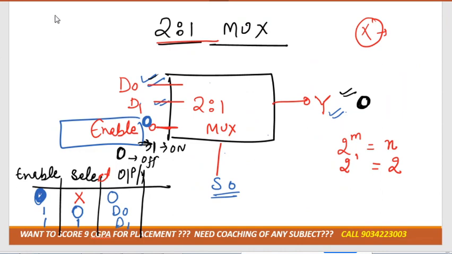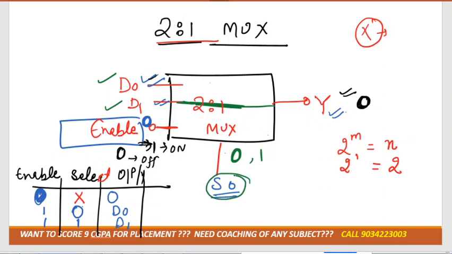The same thing applies here. Like there is a switch: if I select 0, the output is connected with D0, so D0 would be the output. But if I select 1, the output is connected with the second input, D1. So if the select line is 0, D0 is selected, and if the select line is 1, D1 is selected.